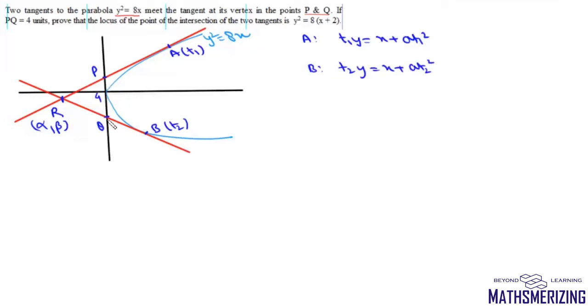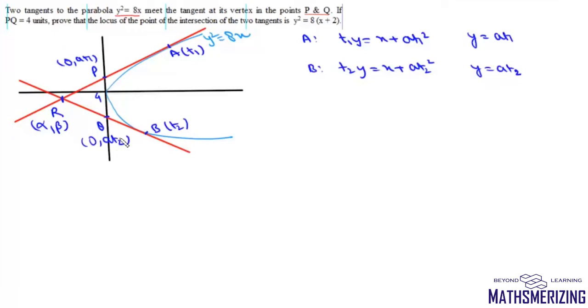We need to find these points P and Q. Now this point P lies on the y-axis. For the y-axis, I'll put x as 0. Then I'll get y as at1, and for B it'll be y = at2. So that means this point P will be (0, at1), and this point Q is (0, at2).